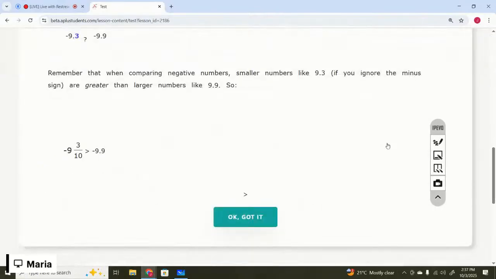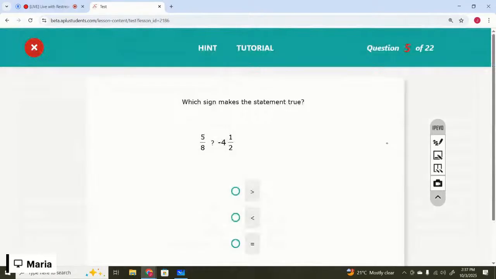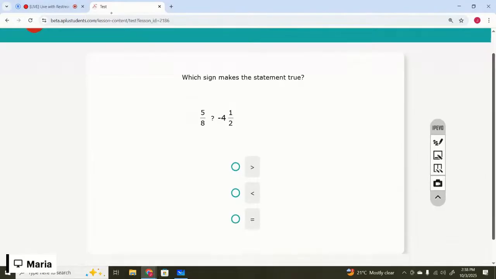I selected the wrong option. Next, 5 by 8, and you have to compare it to negative 4 whole 1 by 2. Negative numbers are always less than positive numbers. So 5 by 8 is greater than negative 4 whole 1 by 2.